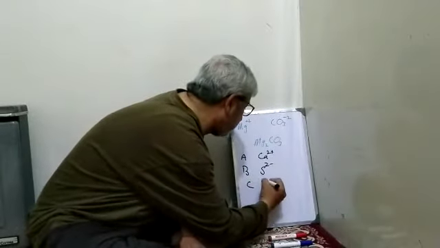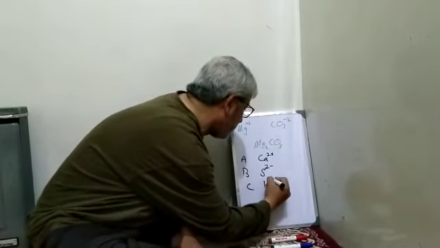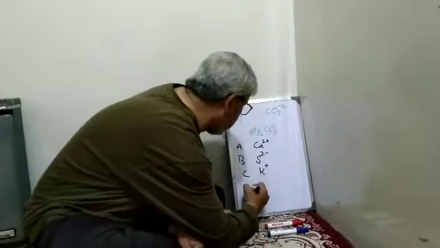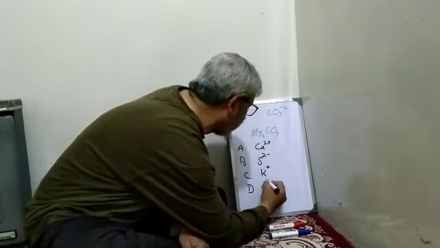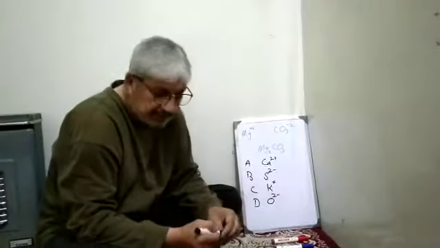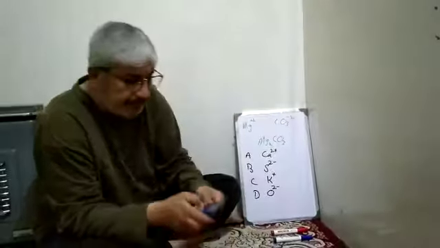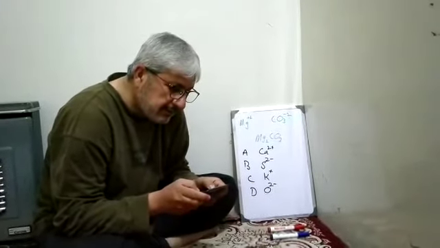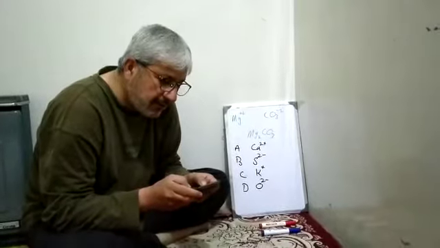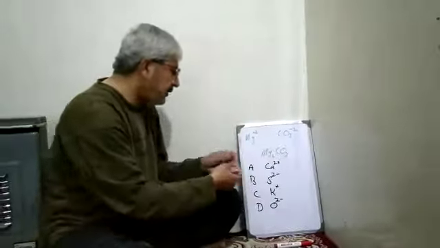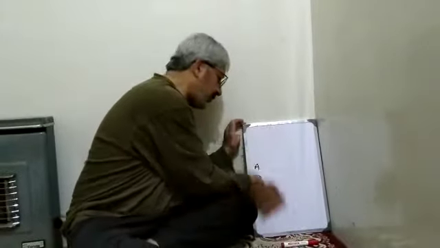Option C is potassium plus 1 and D is oxygen minus 2. Please give me the answer and the reason as well. And then talc is a mineral which has the formula. Now I am going to write the formula of the talc first and then the question.